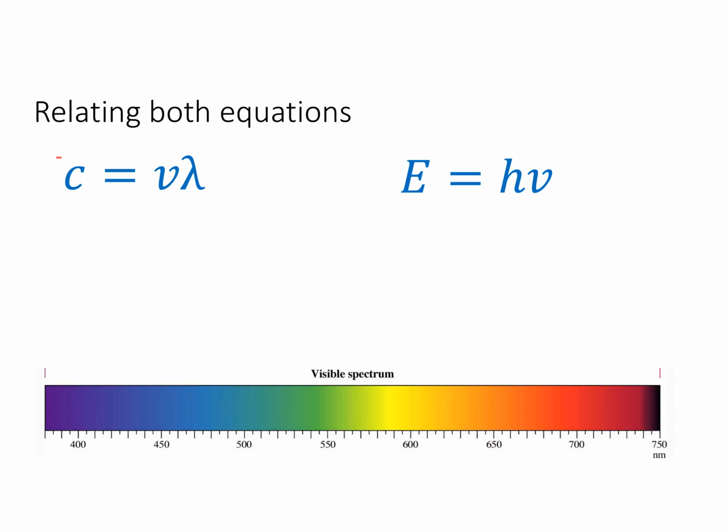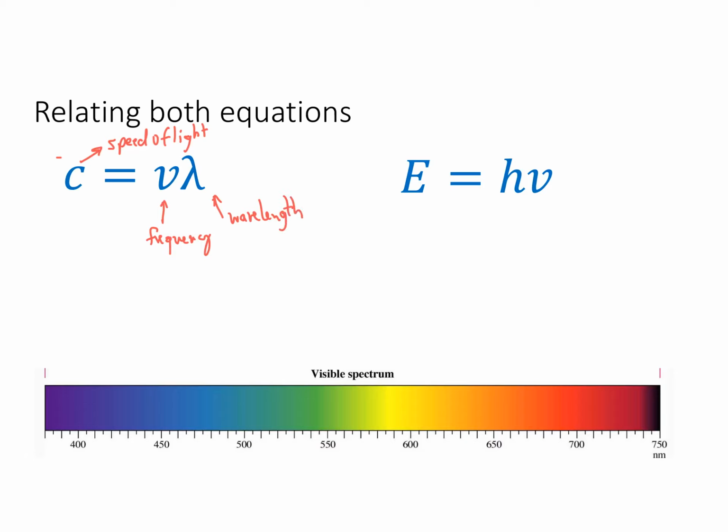So our first equation, C is the speed of light. That's a constant. So frequency, and we had wavelength.